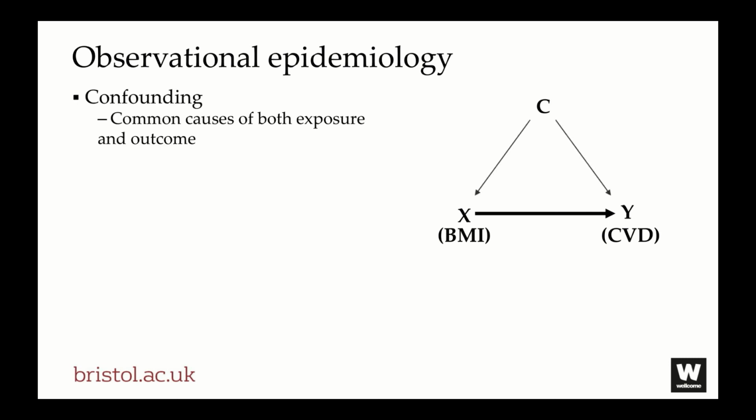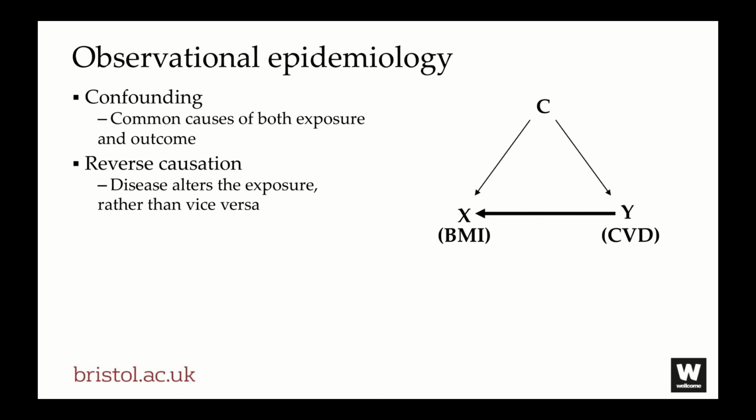So there can be confounding factors, things that cause or are at least associated with body mass index, in this case, and cardiovascular disease. There can be reverse causation, so it's completely plausible that if you're looking at, say, an older population, people who have cardiovascular disease and the comorbidities that come with that may lose weight as a result of those comorbidities. So you may actually see an inverse association between body mass index and cardiovascular disease.